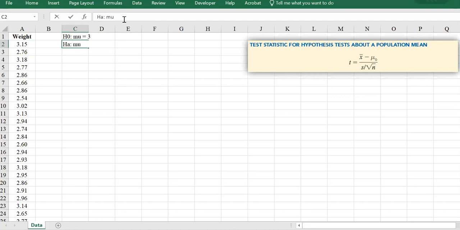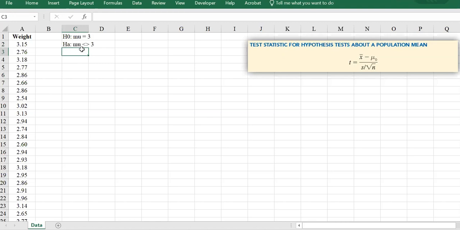So I want to see if mu, which is basically the population mean of the coffee bag weight, is not equal to 3. There are different notations, but I'm going to use strictly less than or strictly greater than 3, just to denote not equal.